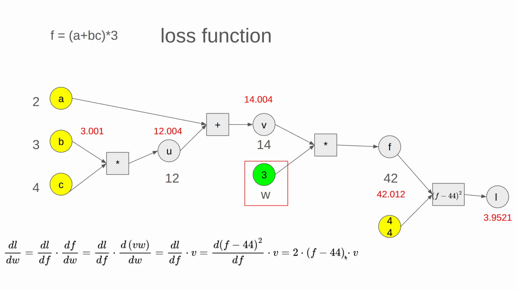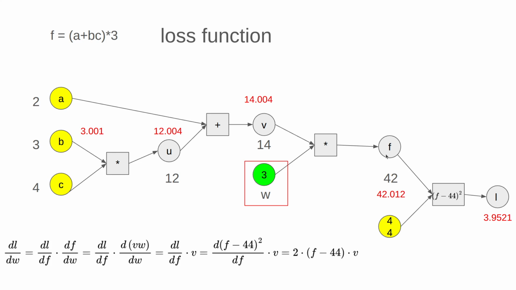In order to decide the value of DL over DW, we need to start from here. So the DL over DL is 1, and we call the backward function of this function block. The function block knows that the differentiation is this one. For example, F here is 42, so that's minus 2, so that will be minus 4V.